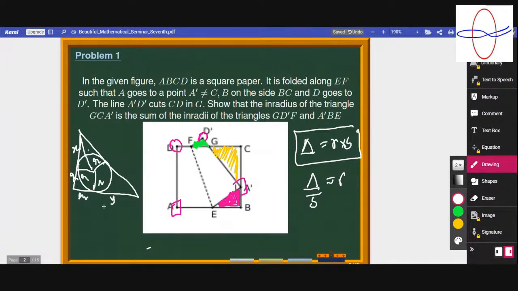Okay. So as we have seen, it's half into R into twice R plus X plus Y plus the hypotenuse.